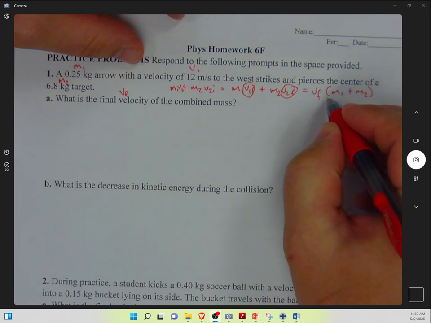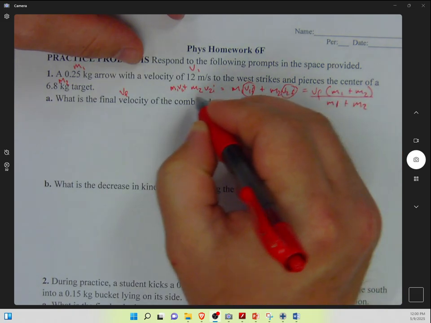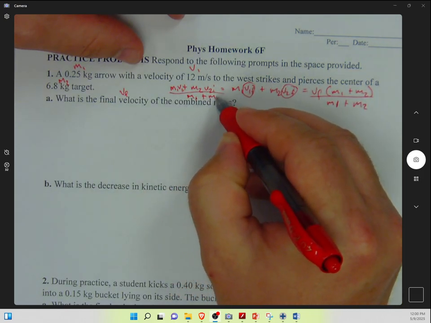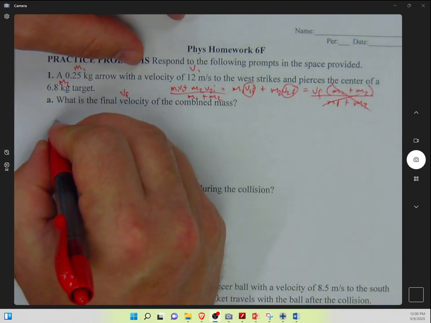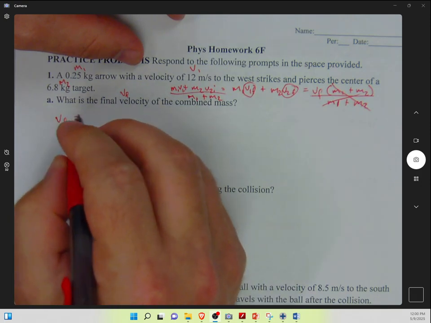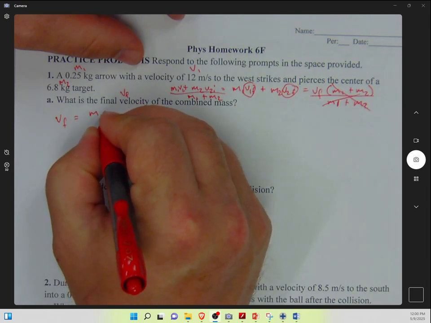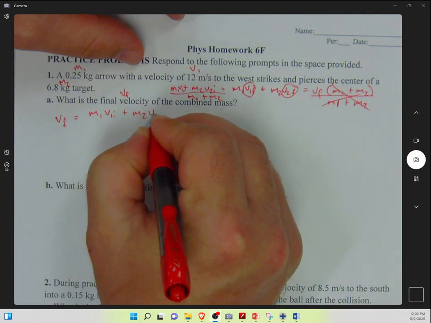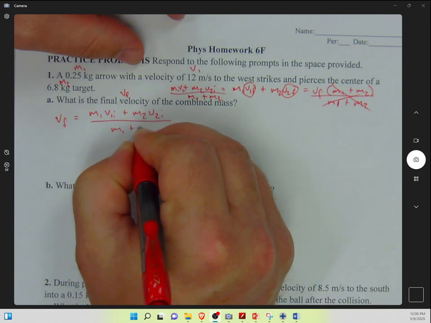So divide both sides by, why do I always do that? It's not I, it's 1. And then M1 plus M2. That'll cancel. And so the equation that I'm going to plug and chug is going to be V2 initial by M1 plus M2.